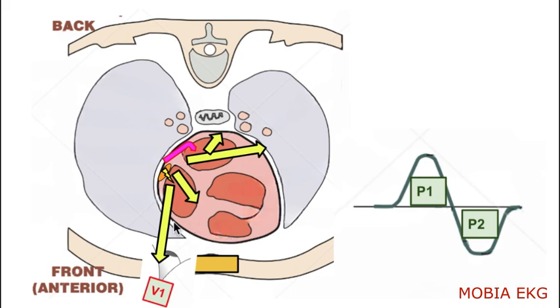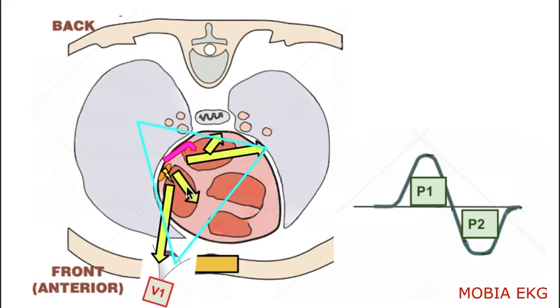Although activation of the right and left atria are separate events, at different times and in different directions, lead V1 can still detect them because of the unique position of lead V1 on the chest wall.